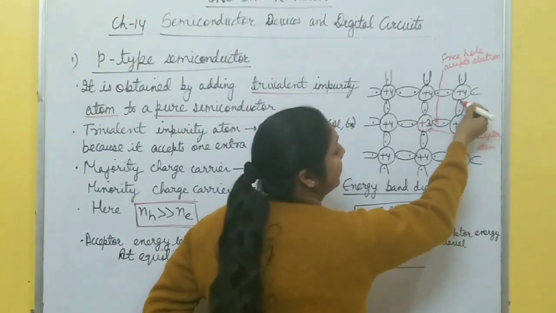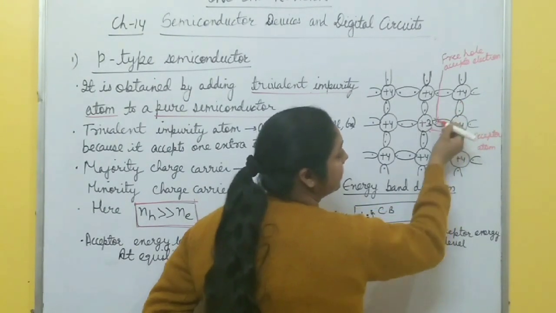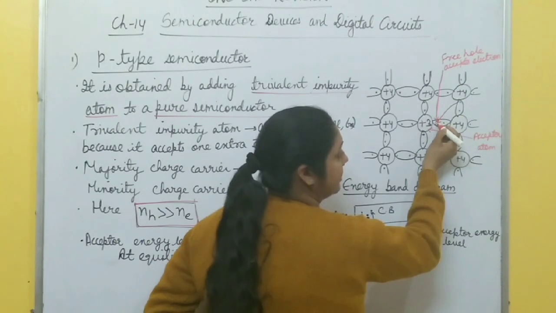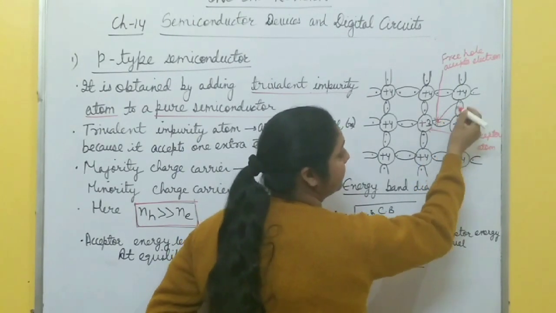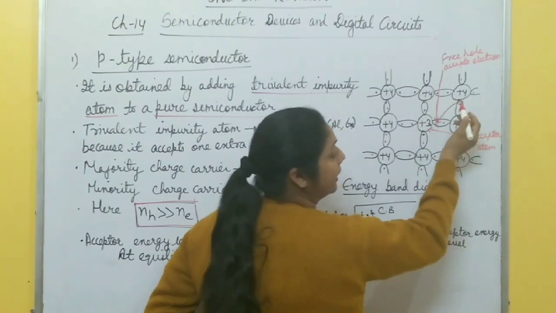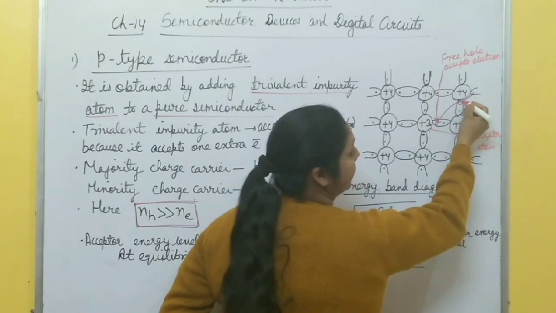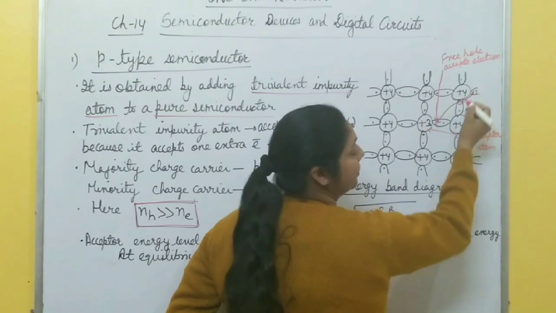Suppose this electron moves and takes the place of this hole. So again this becomes an electron, it forms a covalent bond, and here a hole is created. Again this place is taken by another electron, right? It moves toward this side, and again one hole is created.